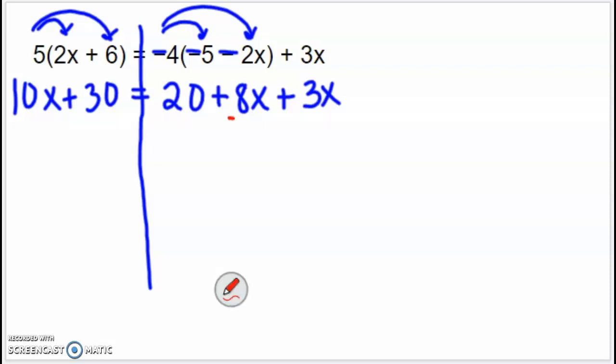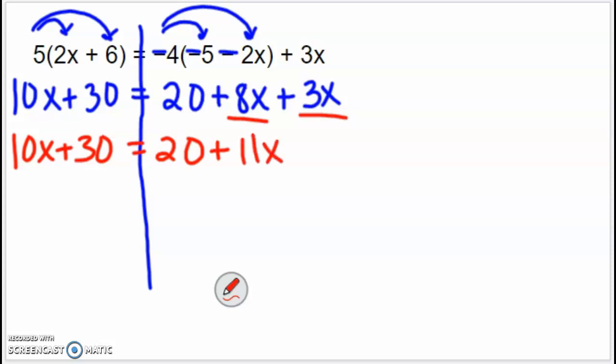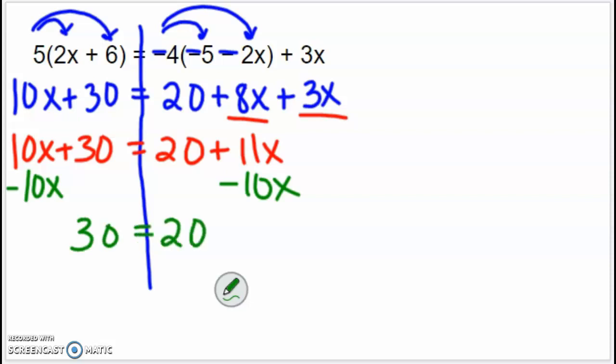I do have some like terms on the right, so I am going to rewrite it to make it simpler on myself. 8 plus 3, that's how I got my 11. I am going to move my variables to the same side, so I'm going to subtract the 10. I just don't like dealing with negative numbers, so that's why I do the smallest one or the negative.